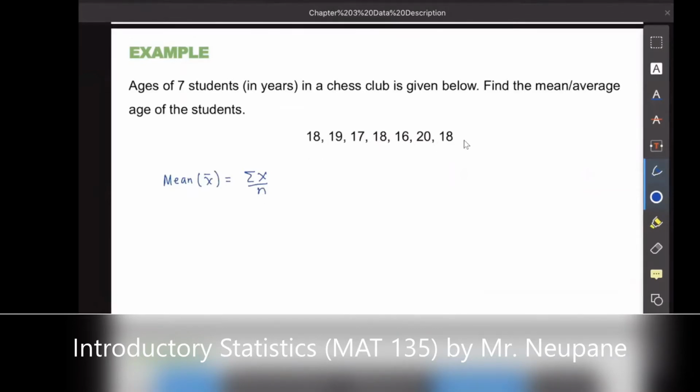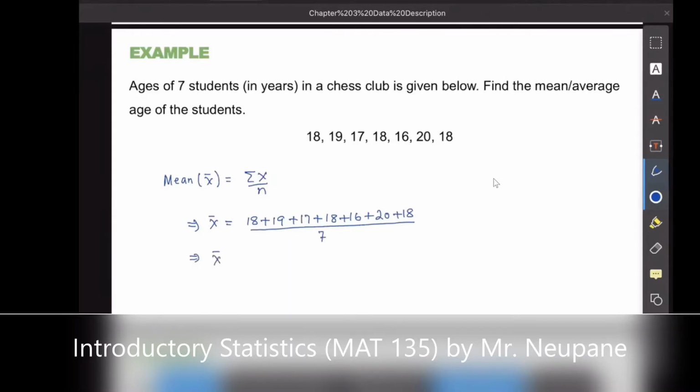N means how many observations are here. So you can write x bar equal to, we are adding 18 plus 19 plus 17 plus 18 plus 16 plus 20 plus 18, and you divide all of them by the total number of observations, that is 1, 2, 3, 4, 5, 6, 7. So divide that by 7.